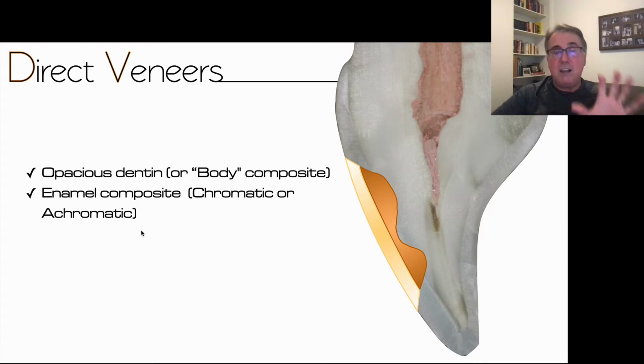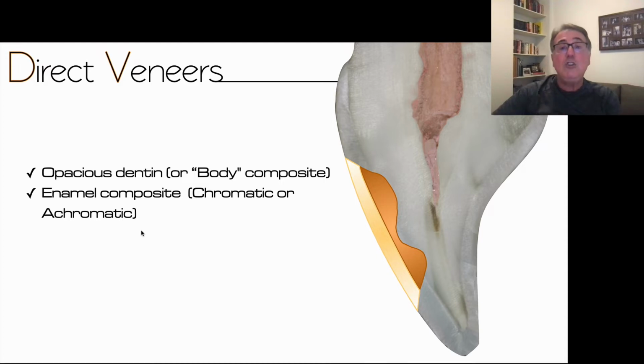Those composites have not only enamel shades and dentin shades, they have what are called body shades. Body shade has an opacity between the opacity of the dentin composite and the enamel composite. So it doesn't have a very high value. So sometimes we use this body composite instead of the dentin composite.